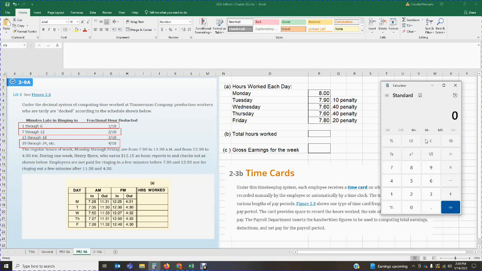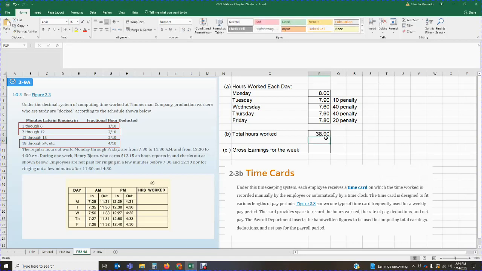Let me see, I think I entered it wrong. 8 on Monday, 7.90 on Tuesday, 7.60 on Wednesday, 7.60 on Thursday, 7.80 on Friday. That's going to give me 38.9 hours.